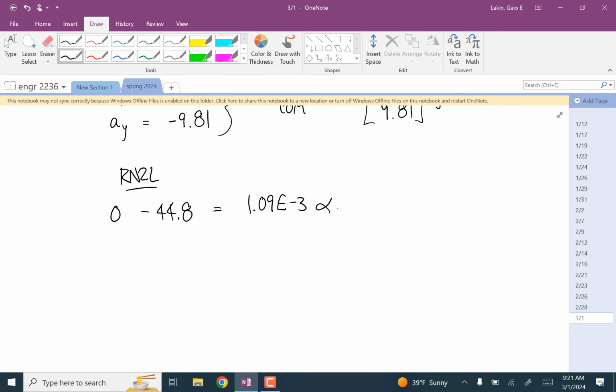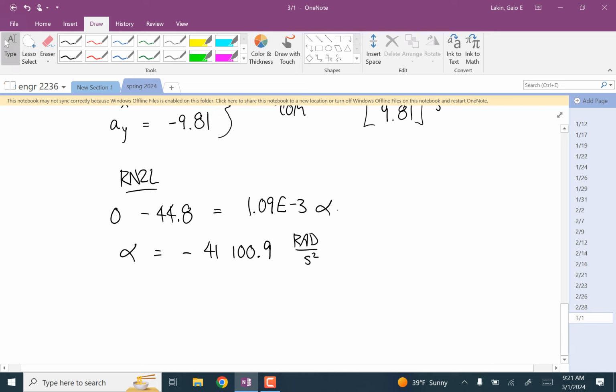Negative 44.8 divided by 1.09 e minus 3. So the angular acceleration is negative 41,100, 0.9 radians per second squared.